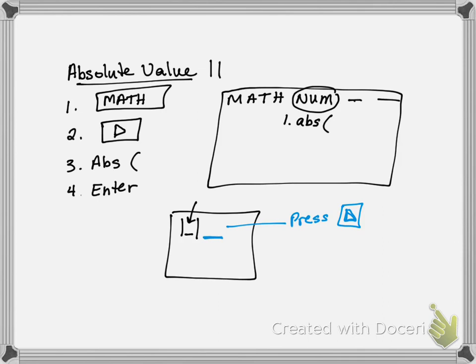Otherwise the absolute value symbol will continue. For example, let's say you wanted the absolute value of 3 times 5. If you don't do anything, it's just going to continue 3 times 5 and everything's going to be inside it. If you want to do the times 5 after, you have to push 3, then the right arrow key, that will stop the absolute value, and then times 5, everything else will be written outside. So you're going to press the right arrow key to go outside.